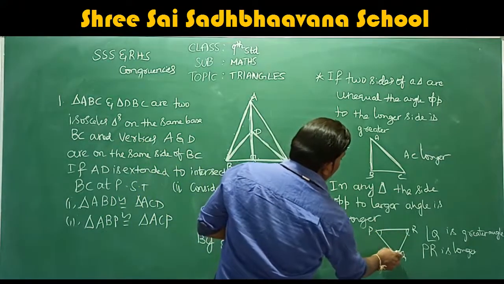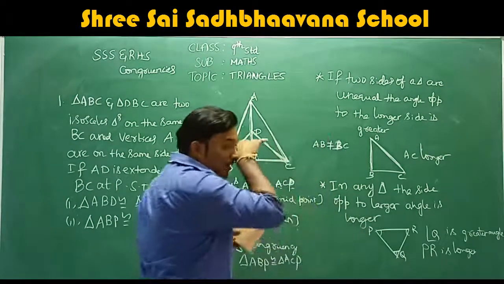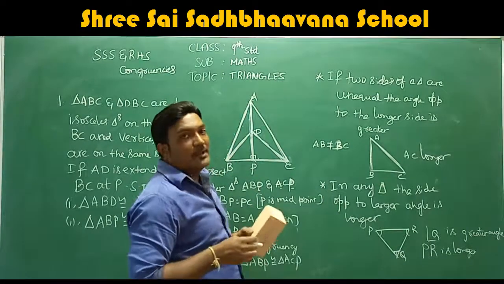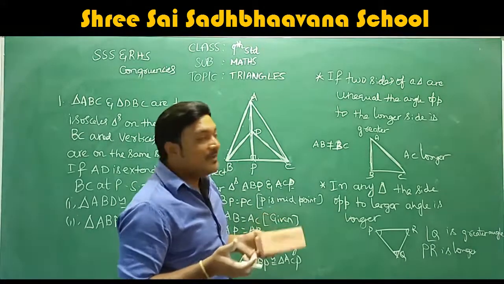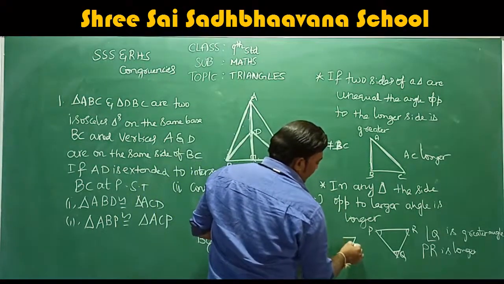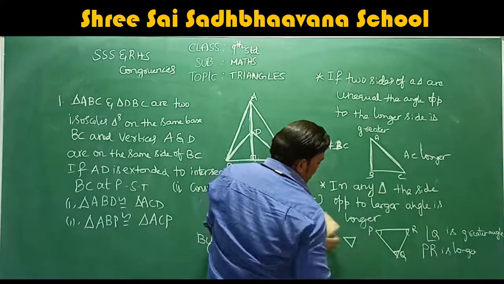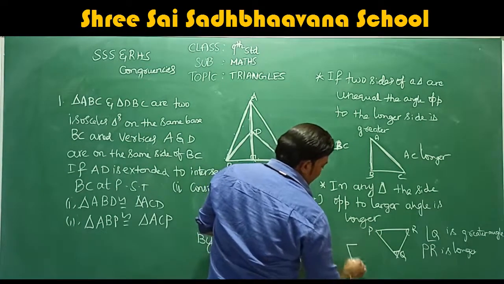Obviously, if the angle is greater, definitely the side opposite to that should be greater, because the construction will not be possible otherwise. Okay, see, imagine that this is like this, then your triangle will form like this. Imagine that the base is less and these are more.